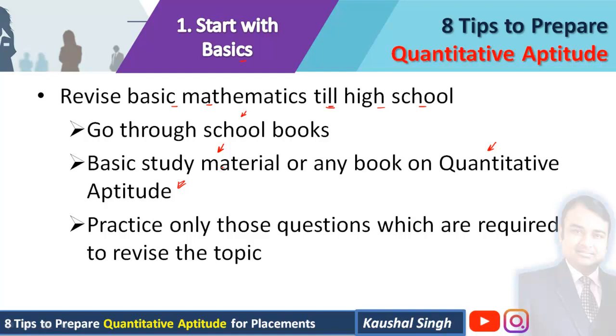So you have to start with the chapters one by one, and you need to practice only those questions after which you become comfortable with that particular topic. And once you become comfortable and concepts are revised, then you can go to the next topic.